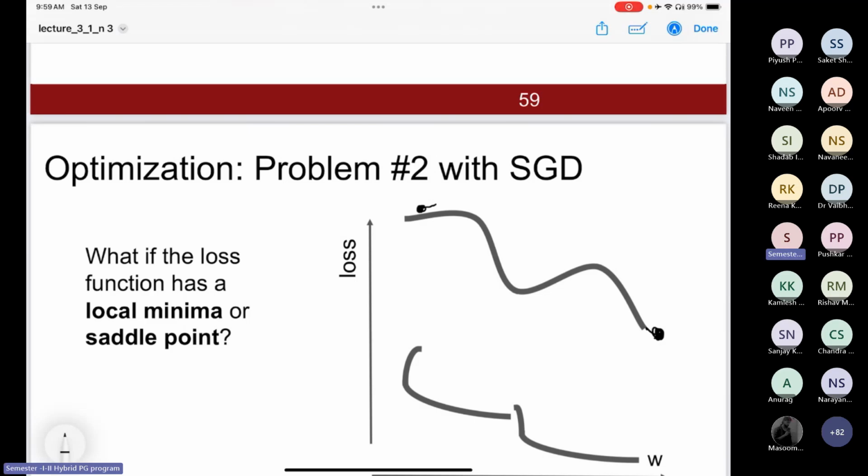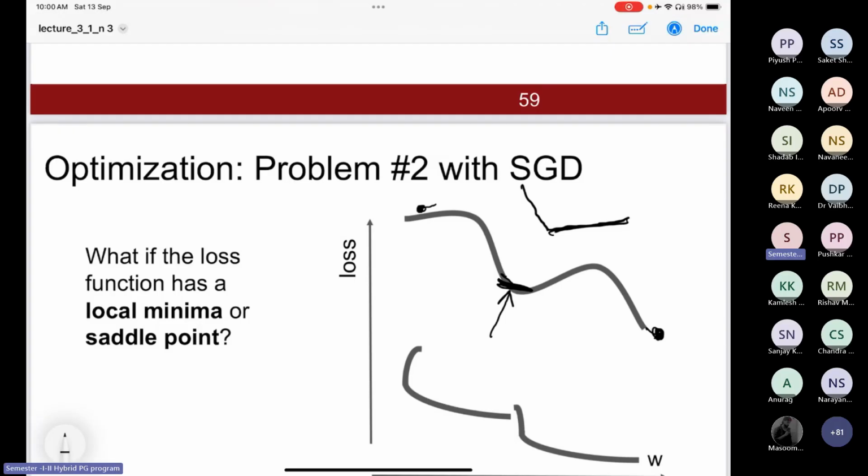But in between, maybe you reach somewhere like Sundar Nagar, where you find this plain region. If you found a plain region here for a longer time, then your model will assume that this is the global minimum, and it will stop here.